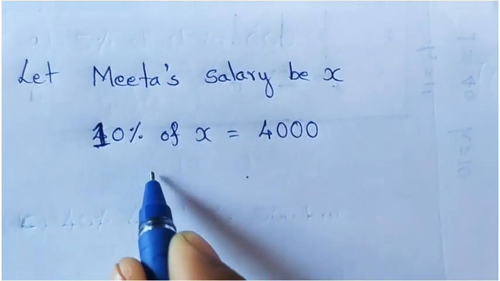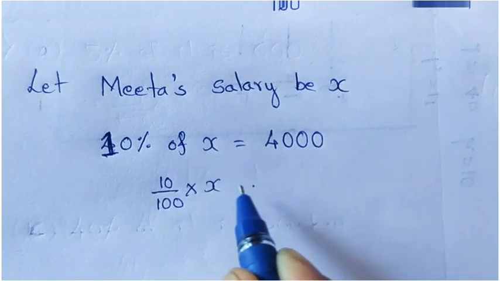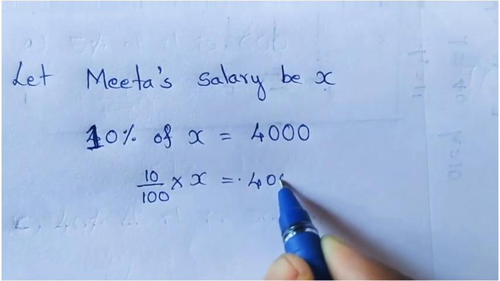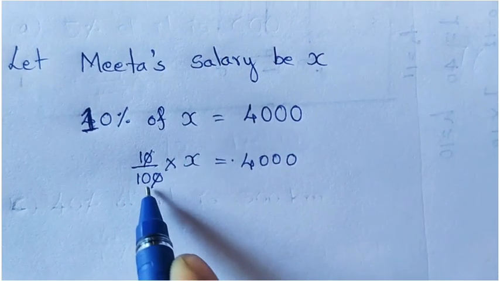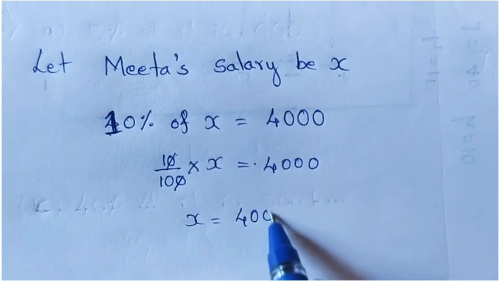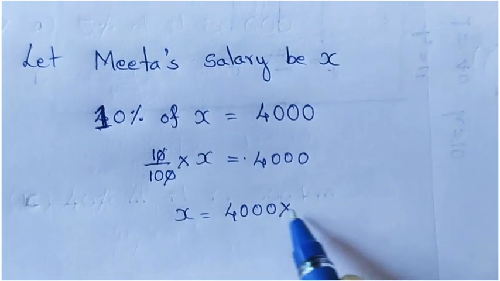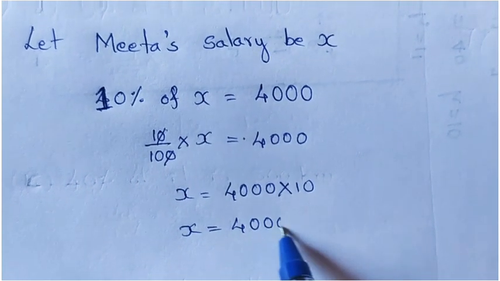So 10% how will we write? 10 by 100 of, means into X equal to 4,000. So 0 gets cancelled, here remaining 1 by 10. So X equal to 4,000. If you take that 10 to the right side, it becomes multiplication. So X equal to 40,000.